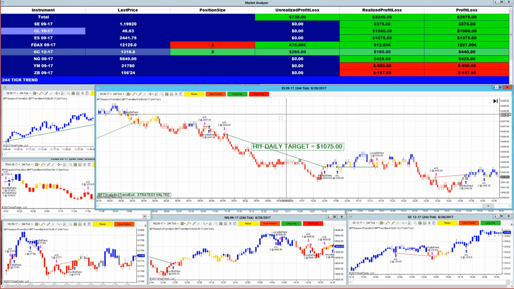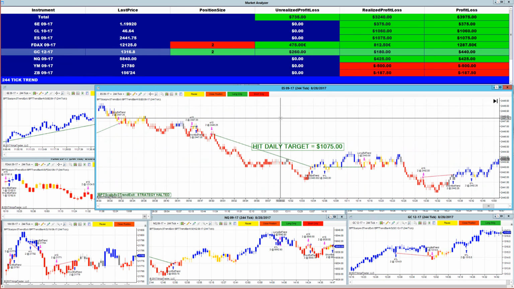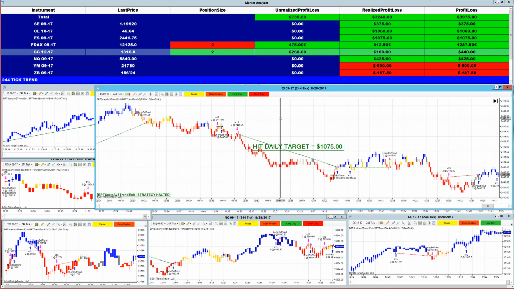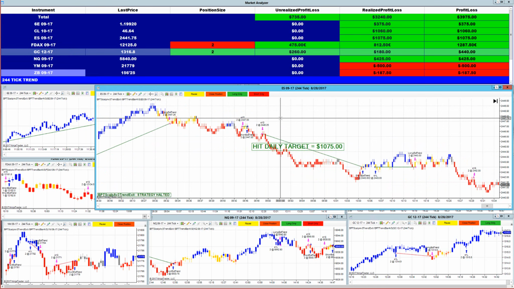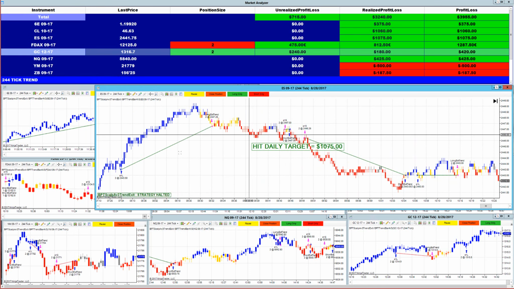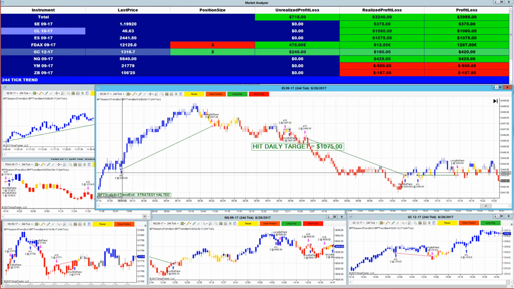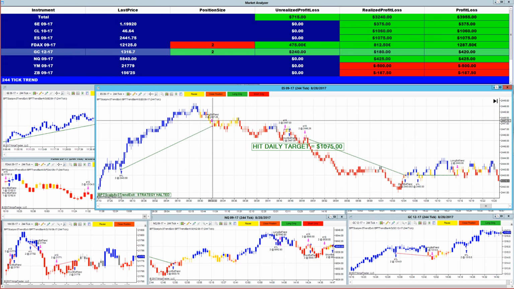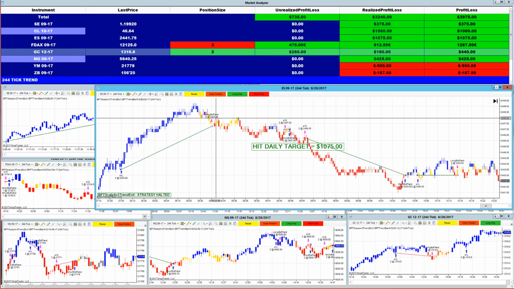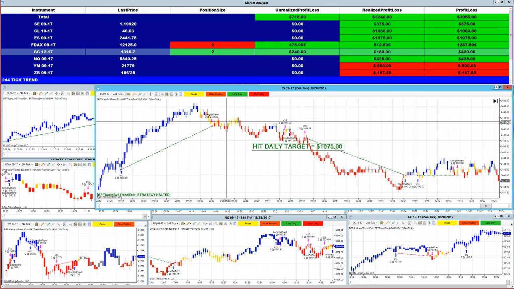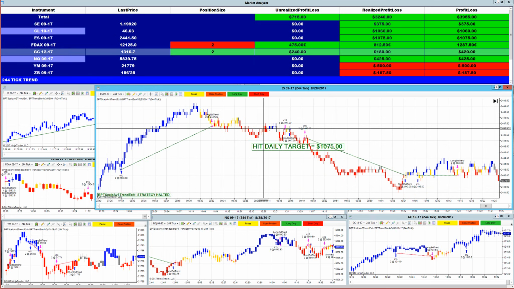But the problem is, what is your stop loss on that swing trading? If we notice here, we had an entry at 43.50 at 7:54 area, somewhere around there, Eastern time. And we exit at 44725.